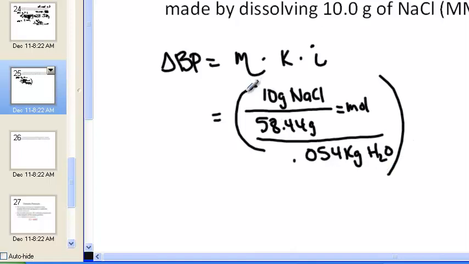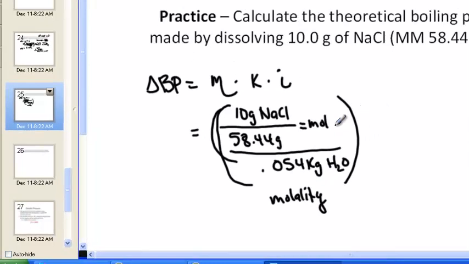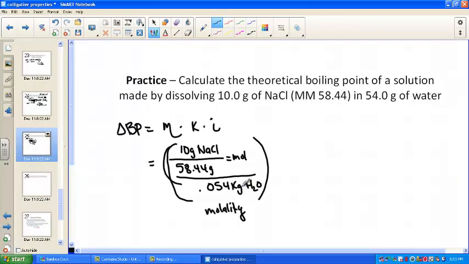This entire parenthesis is the concentration unit as molality. Moles per kilogram. So all in one parenthesis, I'm just setting up the algebra to determine the concentration unit, molality. Grams over formula weight gets me to moles. Moles per kilogram is my molality.